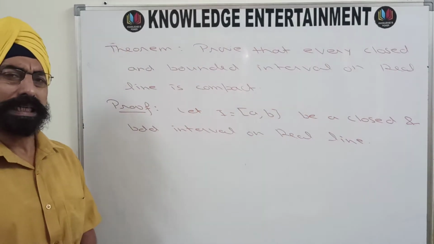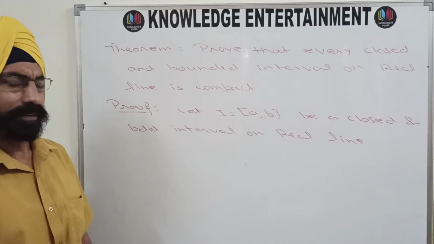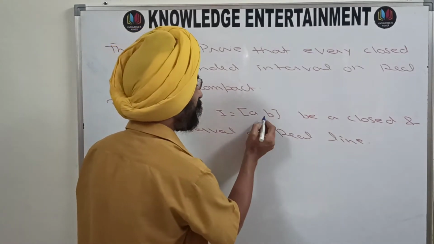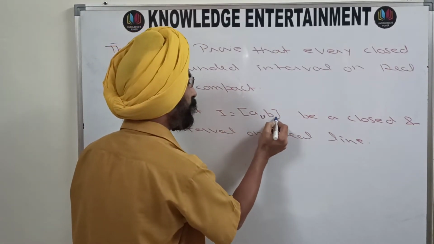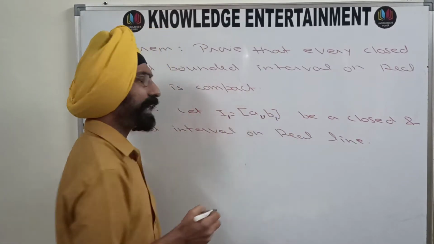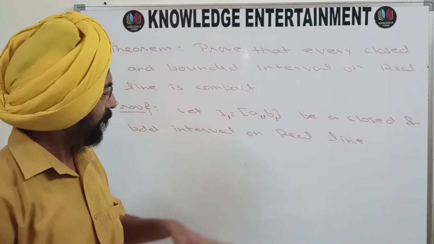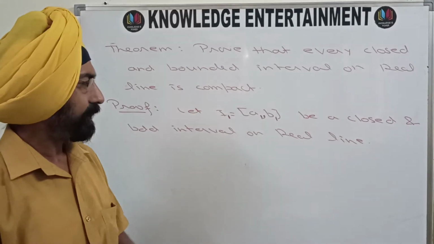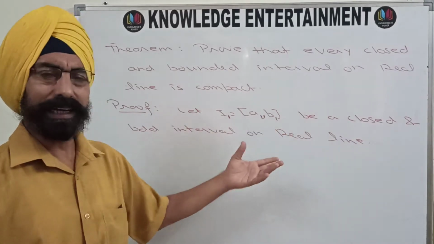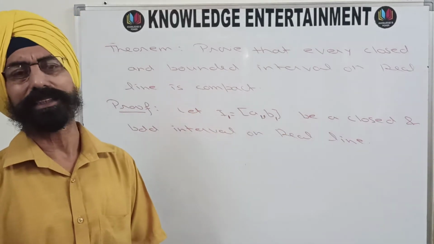For my convenience, I'm renaming it: instead of writing AB, I'm writing A1 and B1, and this I'm writing I1. What I want to show is that this I1, that means A1, B1, is a closed and bounded interval, and now I'll show that this interval I1 is compact.